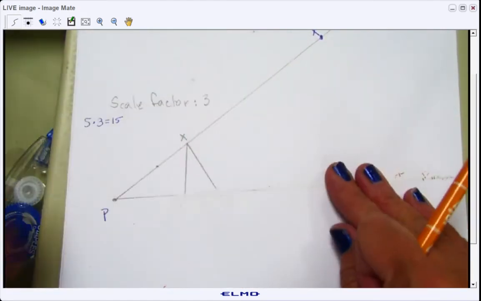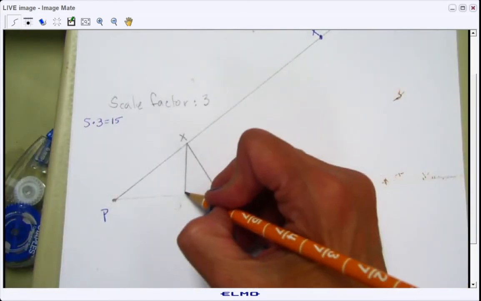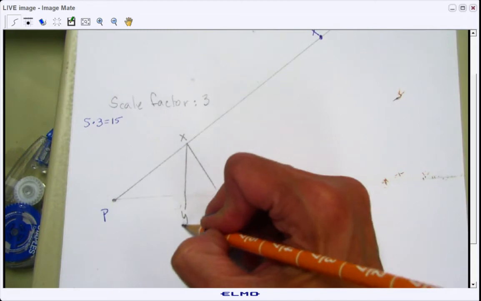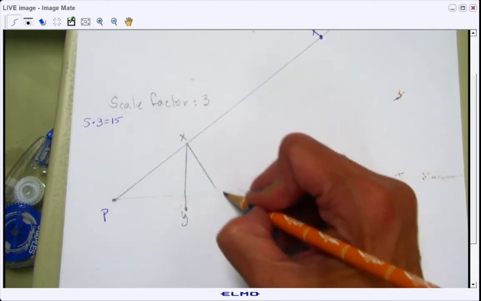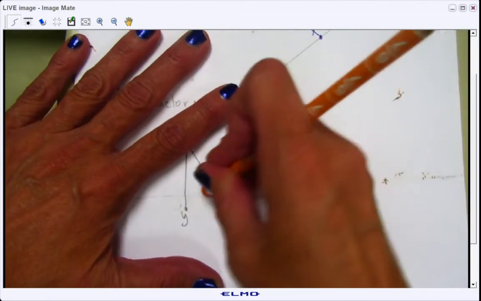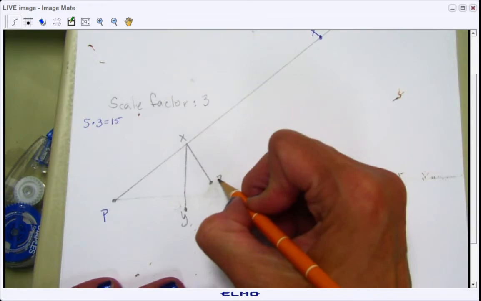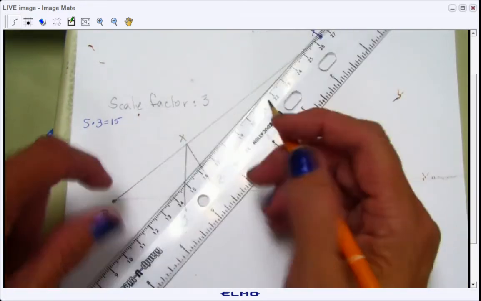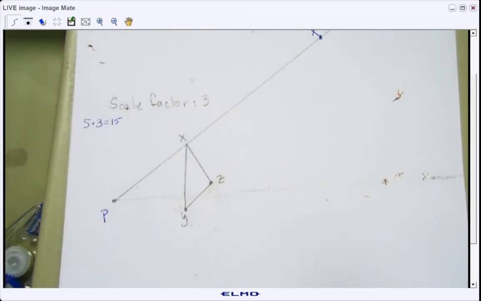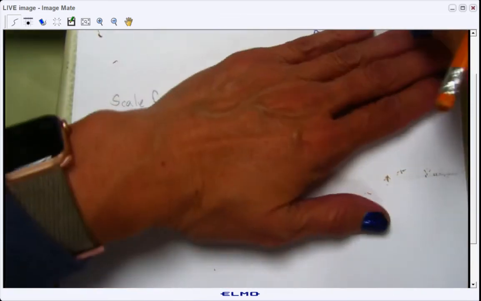Did you see your teacher just erase it so that she can do it just a little bit differently? I'm going to bring this down here and make this Y. And you know what? I'm going to leave Z up here. So I just changed the original picture. Is that okay? Yeah, it's my picture. I can change it.